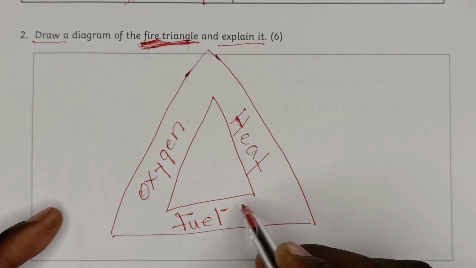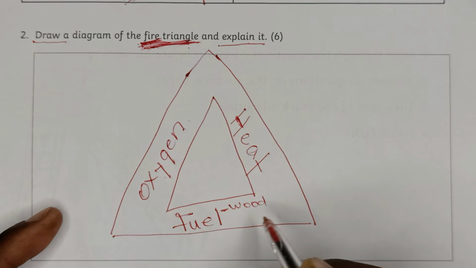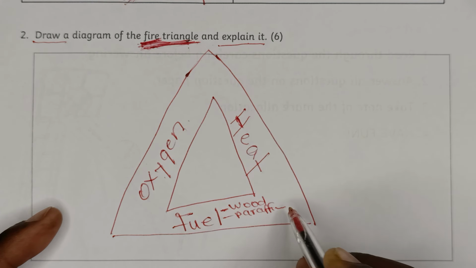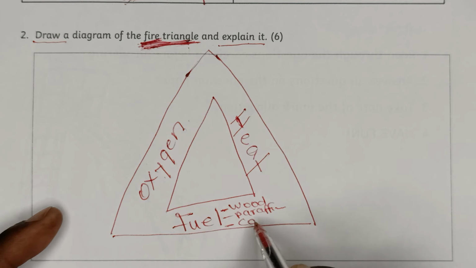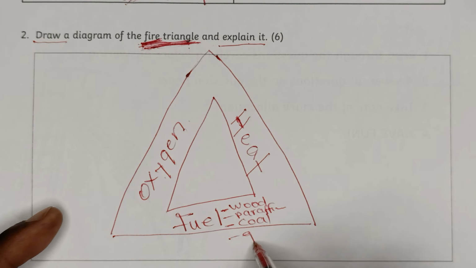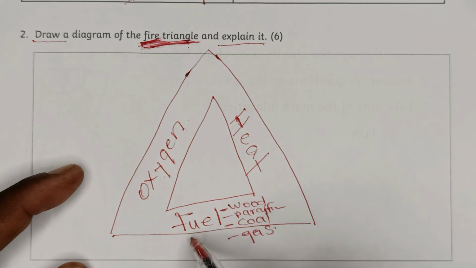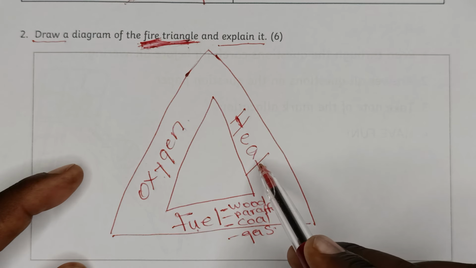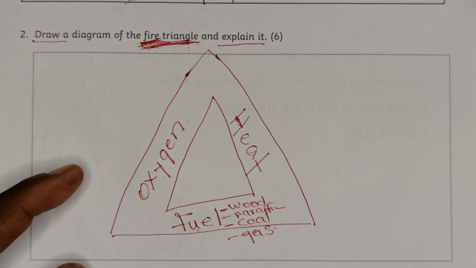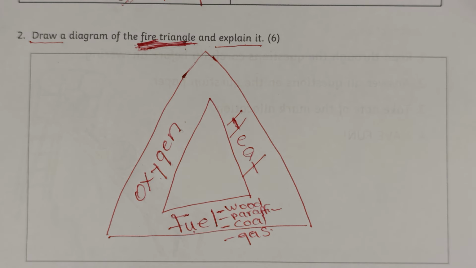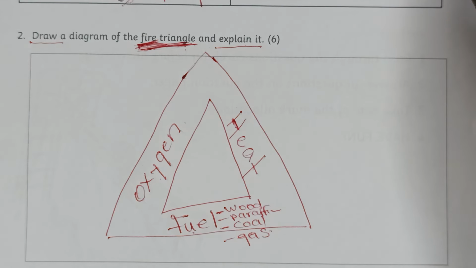Fuel is your wood, your paraffin, your coal, your gas, and many other things. So you need the fuel, you need oxygen, you need heat for fire to exist. So this is what it said when they say draw a fire triangle. This is a fire triangle for you.